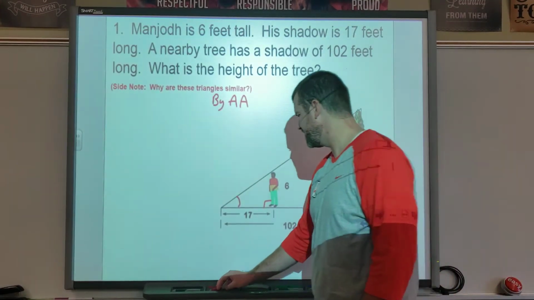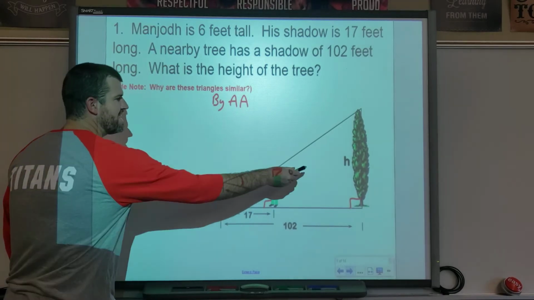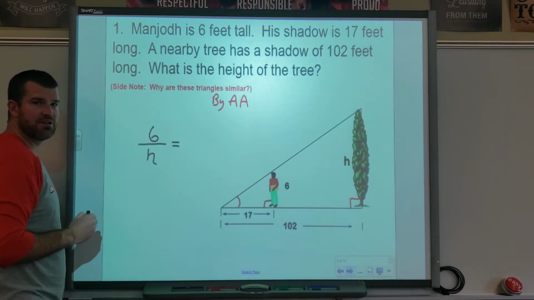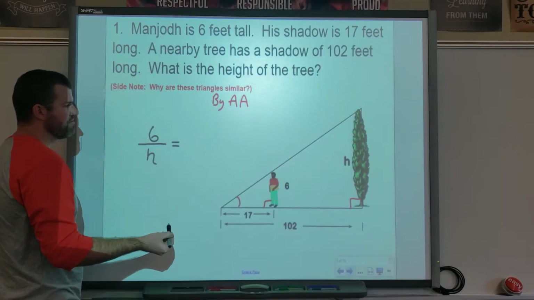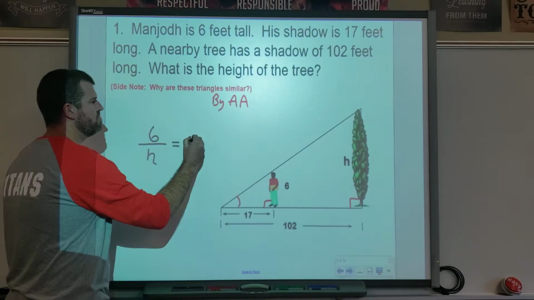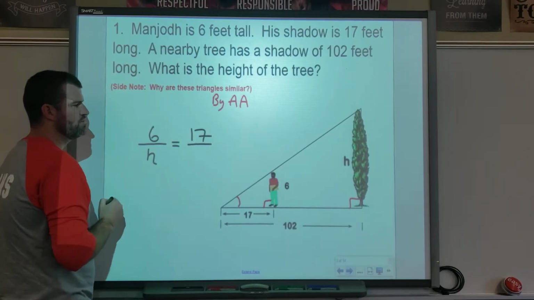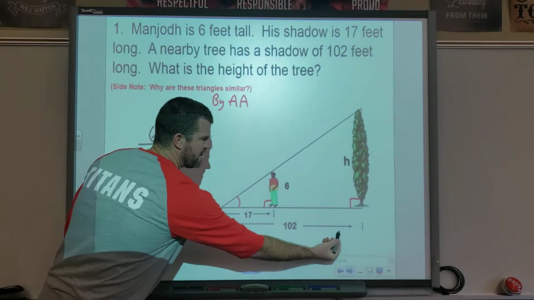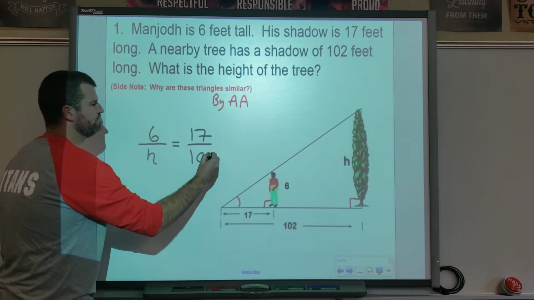So we could do something like taking the two heights, right, 6 over h, and setting it equal to the lengths of the two shadows, which since I started with Manjad's height, I'm going to start with Manjad's shadow. Right, so 17 would go first. And then the shadow of the big tree tells us the whole shadow was 102.